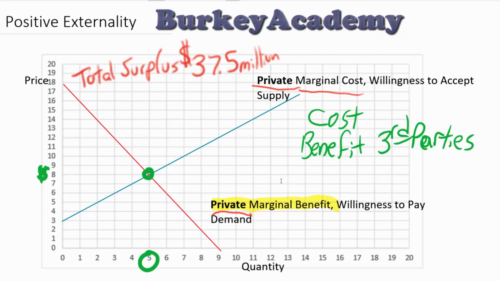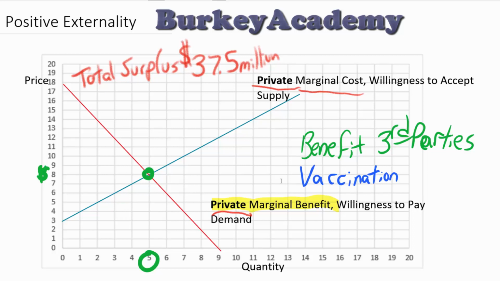So what's an example of this? Well, let's focus on a benefit externality here. A positive externality, sometimes called a benefit externality, is when some kind of product is bought and sold, and someone other than the buyer or the seller receives some benefit from that. The best example I know of a benefit externality would be a vaccination.